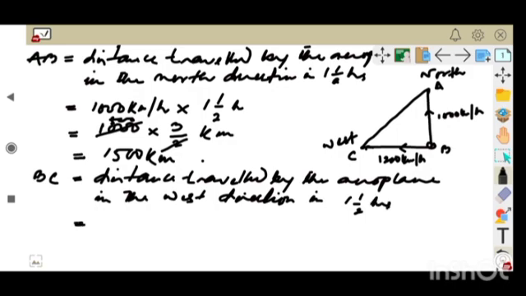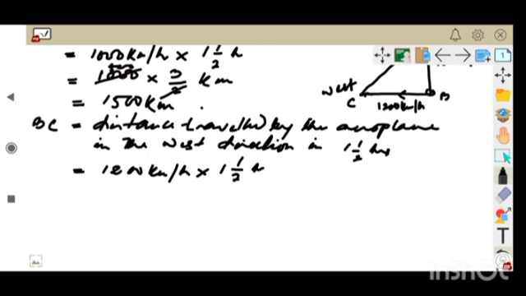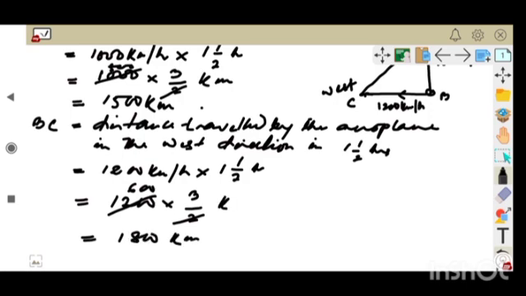This is also same only, 1200 kilometer per hour into 1.5 hours. Okay, so what happened now? Equal to 1200 into 3 by 2. So if we cancel here, we'll get 600. 600 into 3, we have 1800. Then it becomes kilometer.